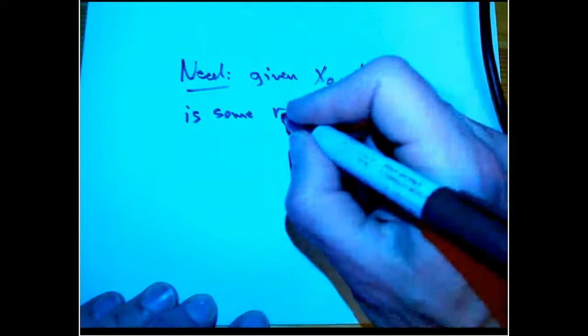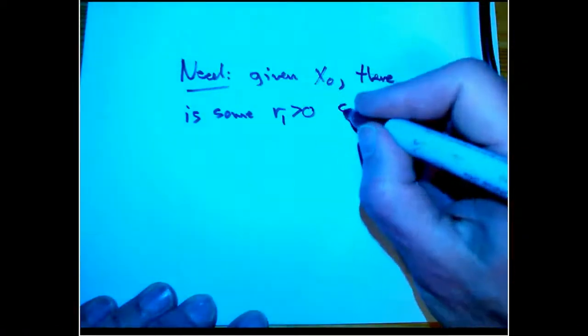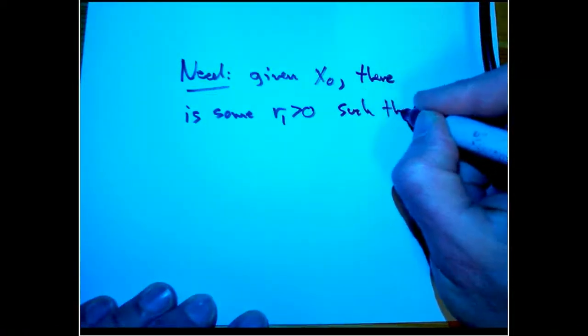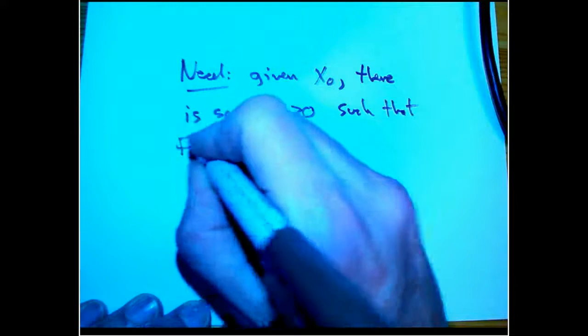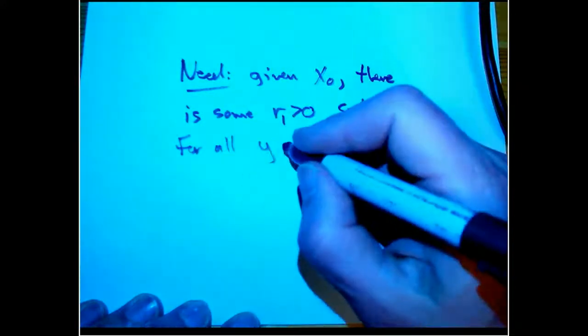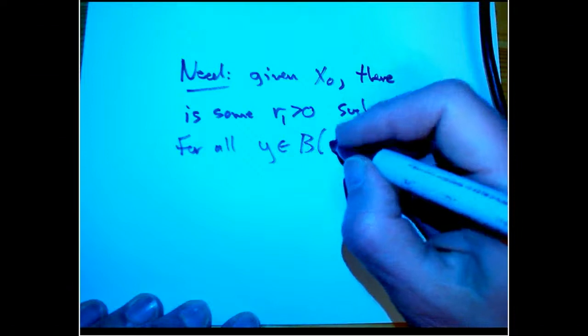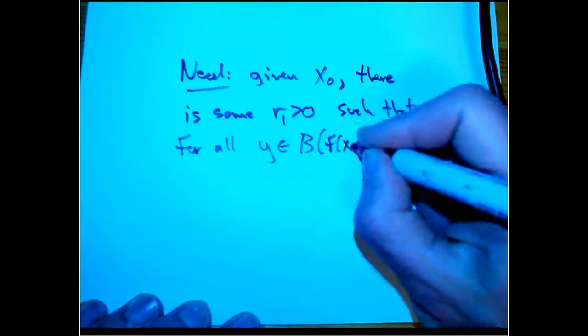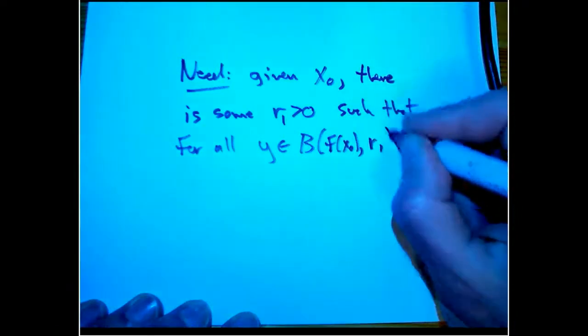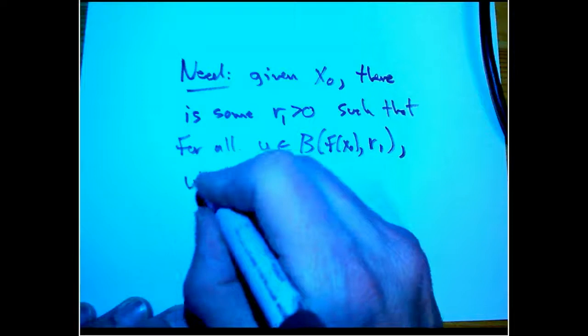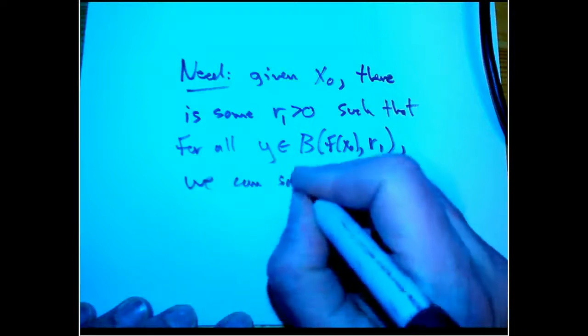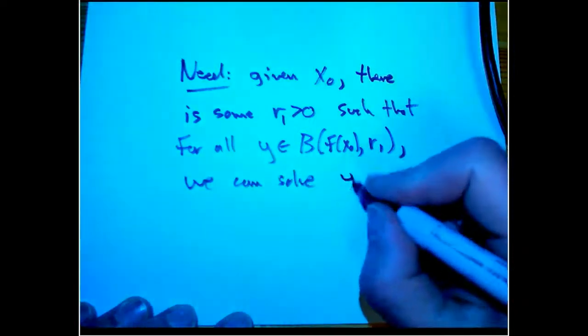Well, I'm going to call it r1 because I'm going to reserve r for something else, such that for all y in the ball around f of x naught with radius r1, we can solve y equals f of x.